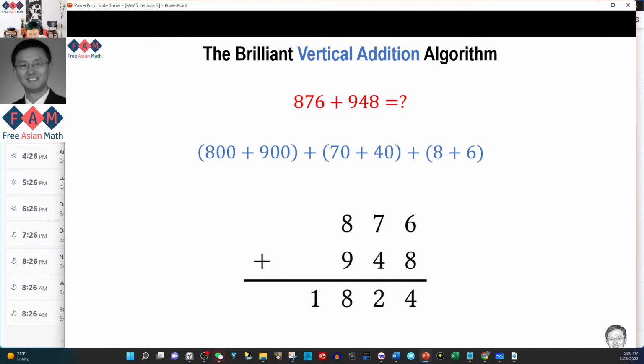And each component represents, say, hundreds place addition, tens place addition, and units place addition. Nominally, they are hundreds place. But practically, each one of those three is a single digit to single digit operation.